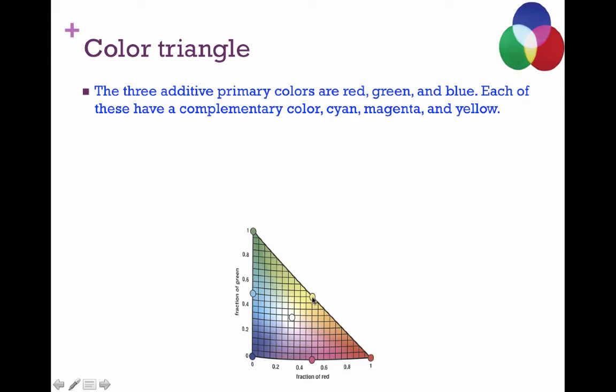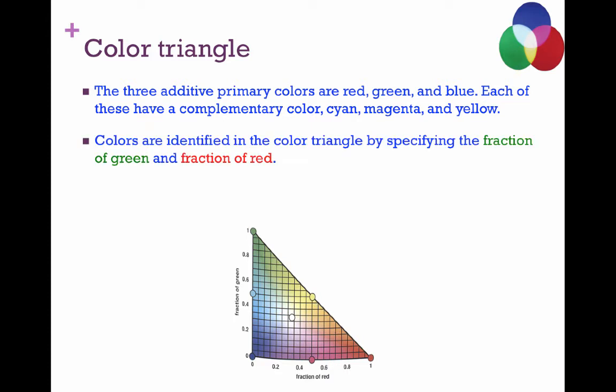The main complementary colors are cyan, between blue and green, magenta, which is between blue and red, and yellow, which is between red and green.